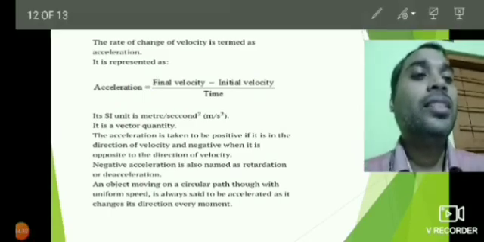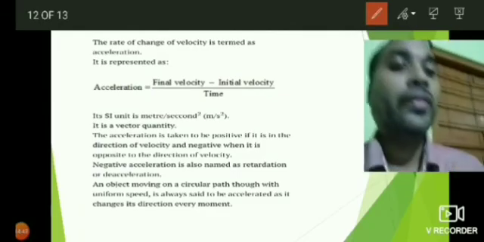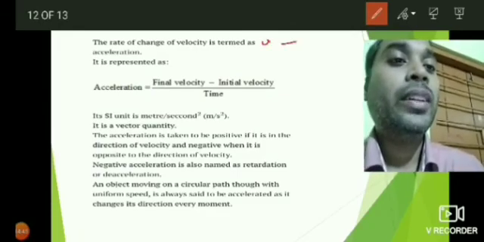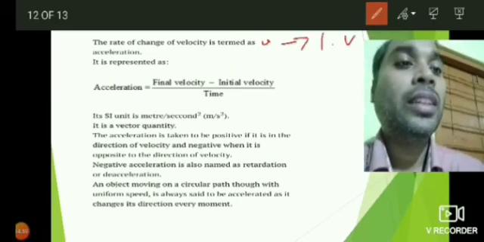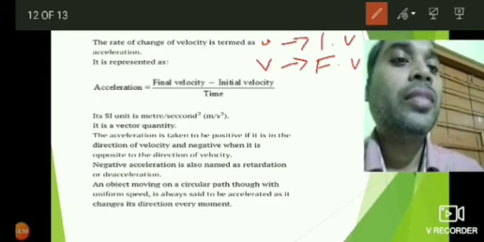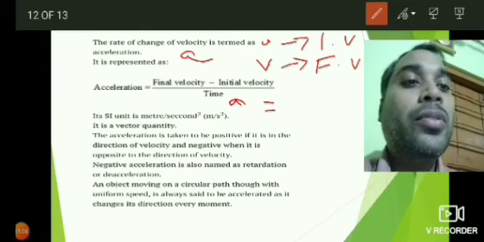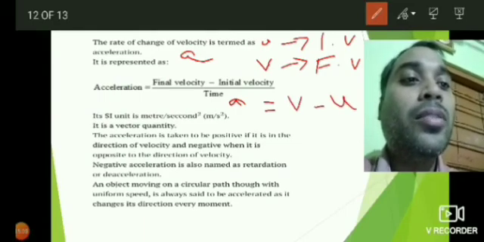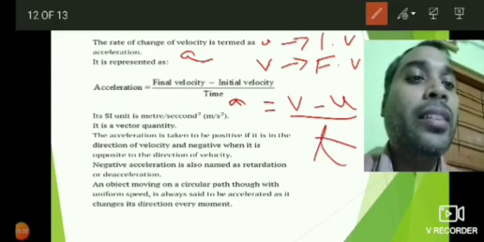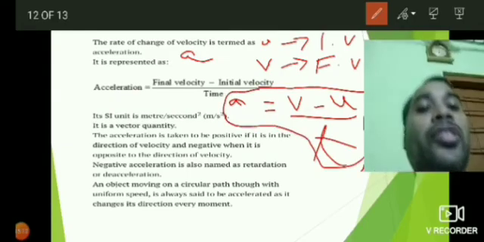Now if we consider u as the initial velocity and v as the final velocity, and a is acceleration, then we can write a equals v minus u by t, where t is the time. So this is the formula which you can use to find acceleration.